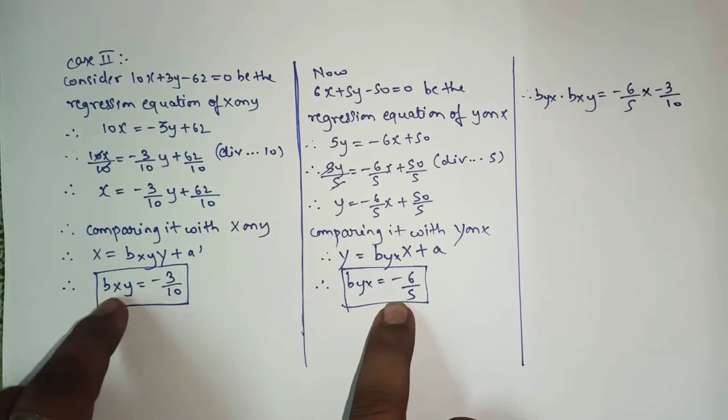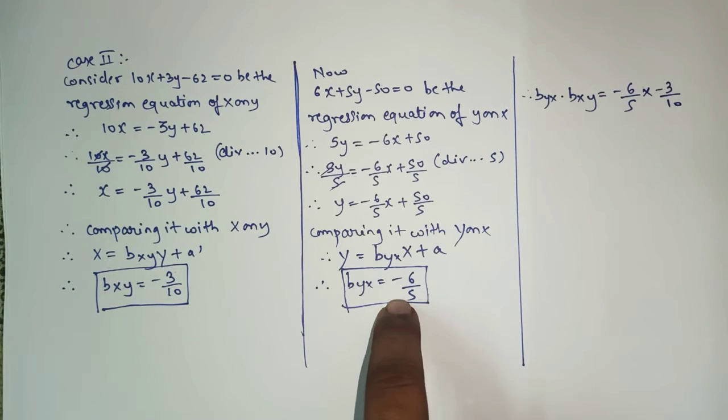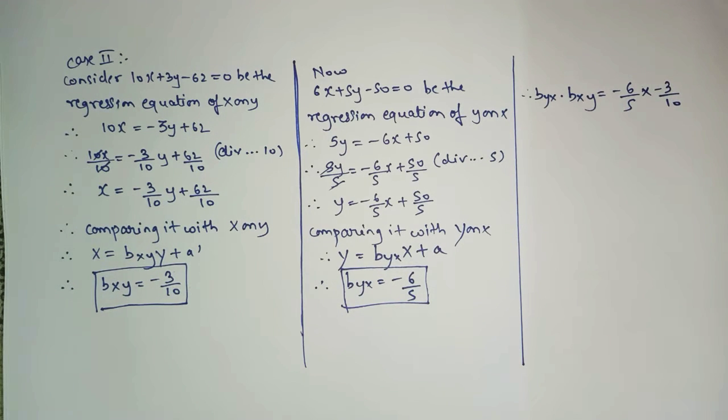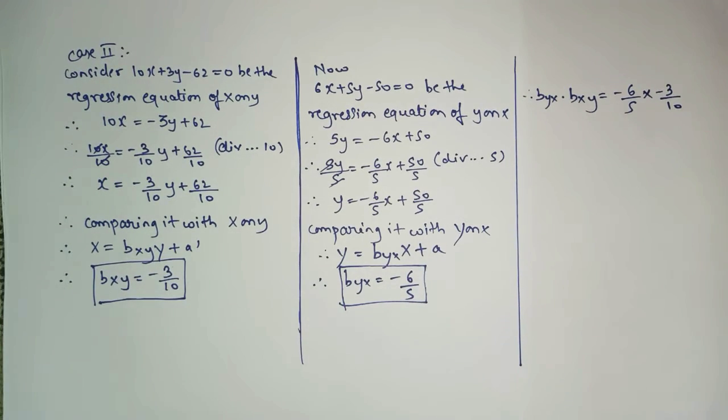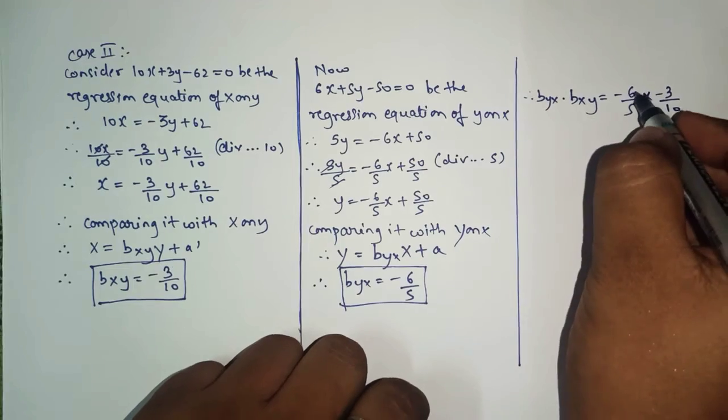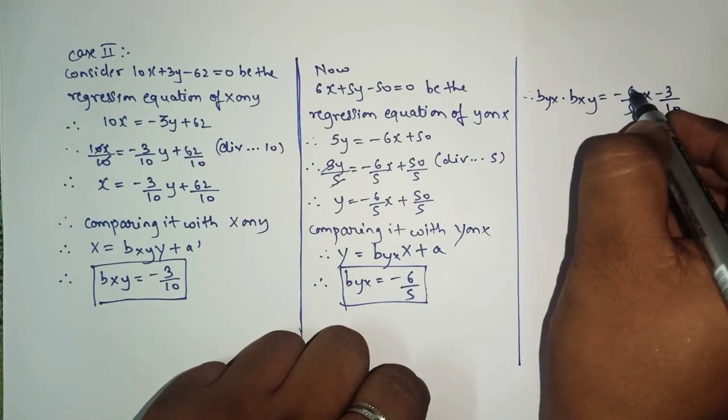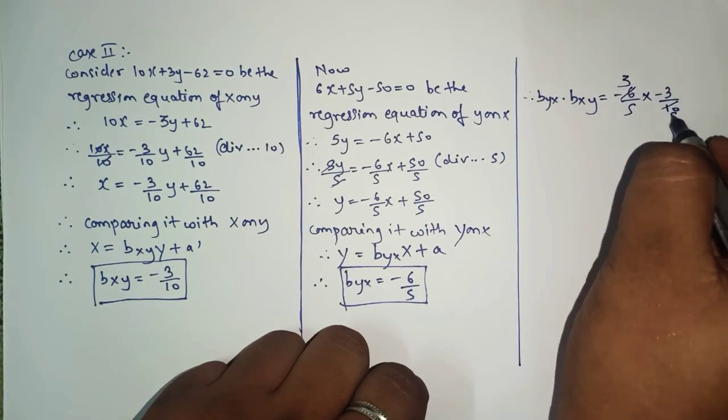Clearly we can see that the values of bxy and byx both are negative. If both are negative, that means the value of r will always be negative. If both are positive, then r will be positive. So here we can cancel this 6 and 10. 2 3s are 6, 2 5s are 10.